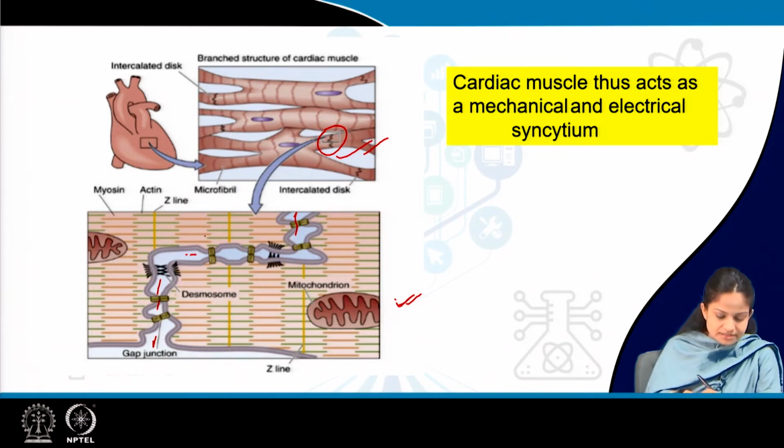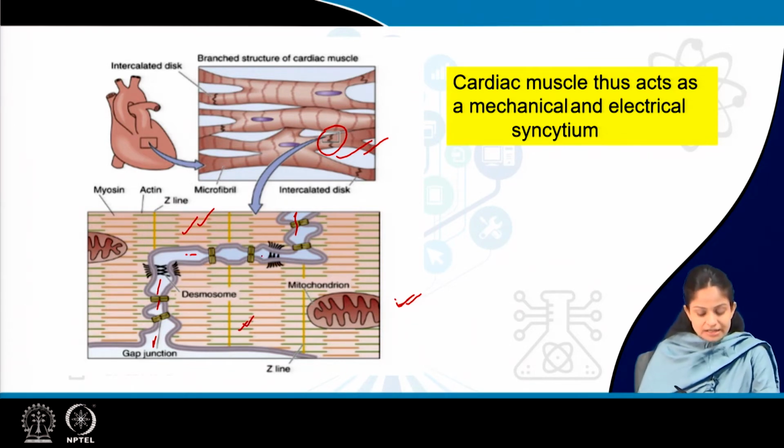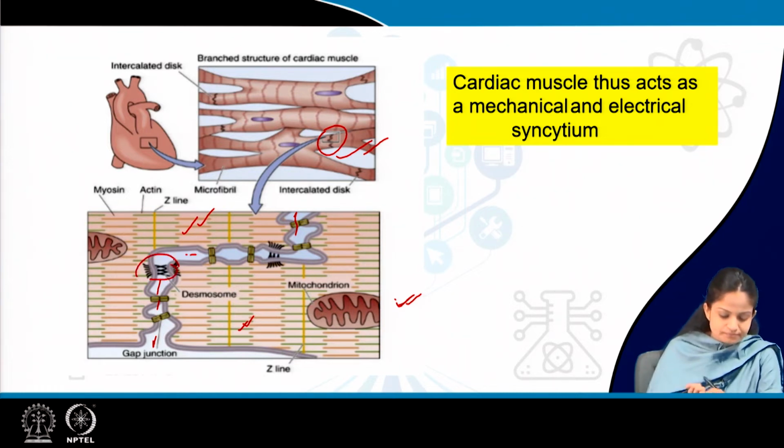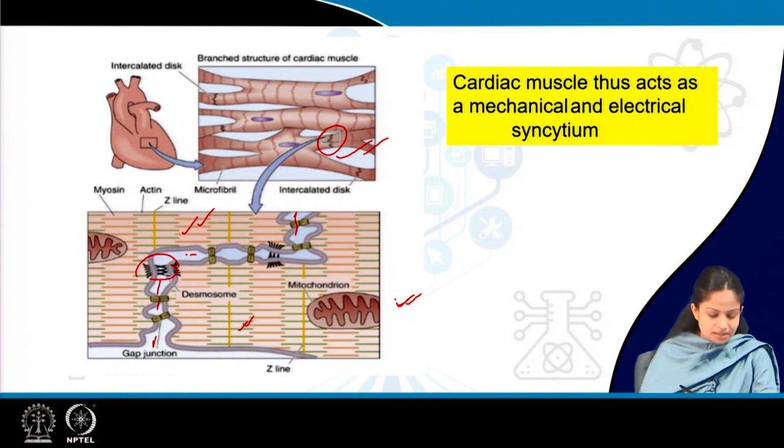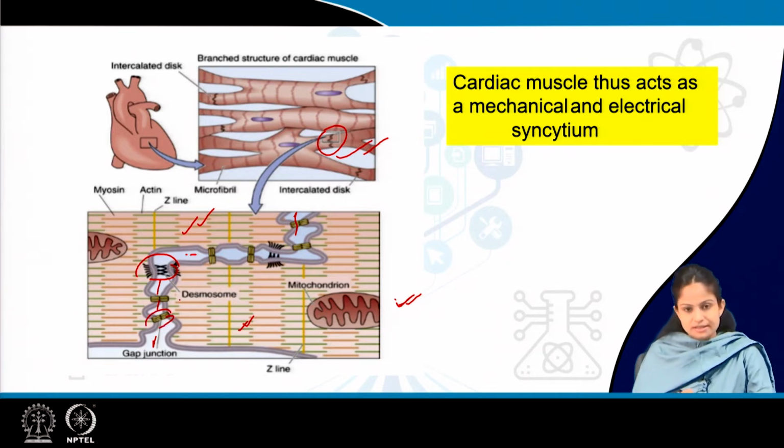Now, this is one cardiac myocyte, this is one cardiac muscle fiber and this is another cardiac muscle fiber. These two cardiac muscle fibers are joined mechanically by desmosomes and electrically by gap junctions. So, mechanically the two muscle fibers are joined by the desmosomes.